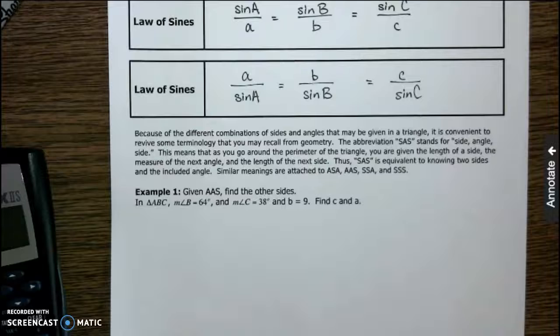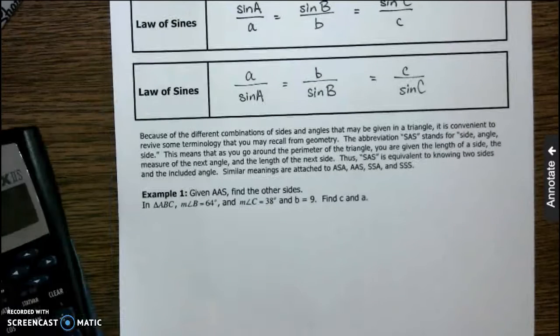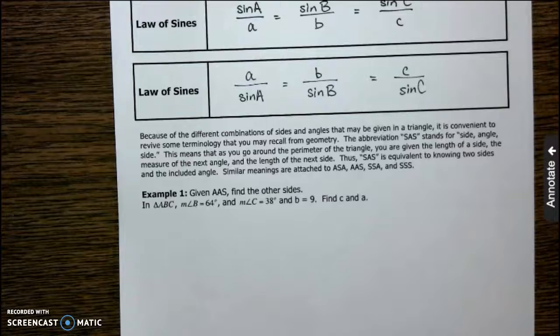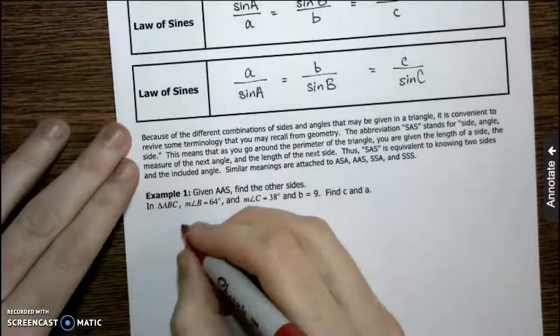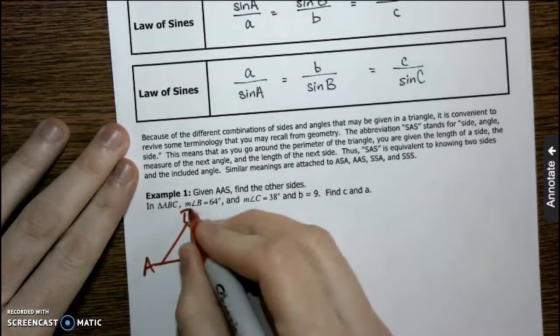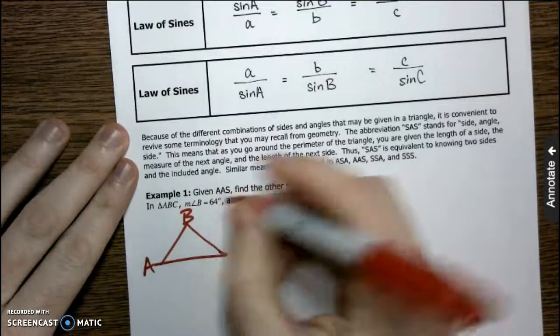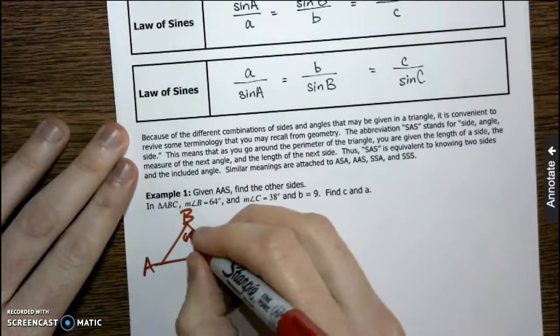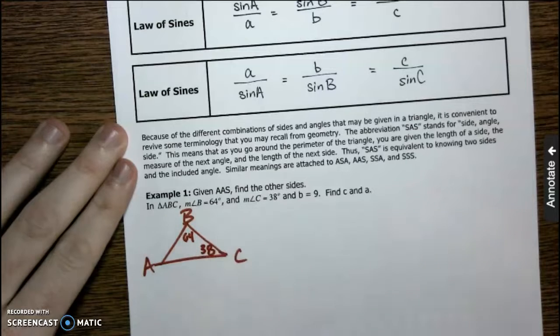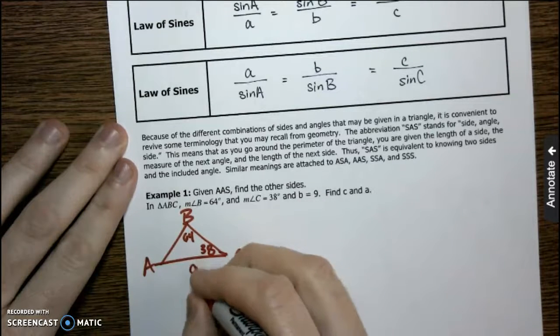Example 1, let's draw this triangle, and we will probably use law of sines, since that's the notes that we're taking. Angle B is 64, angle C is 38, and side B is 9.